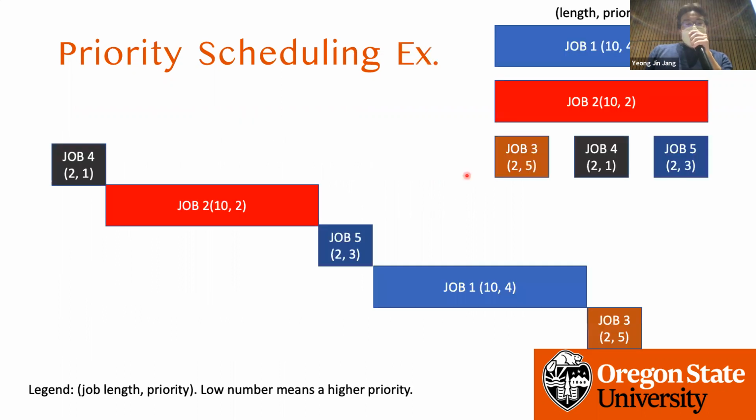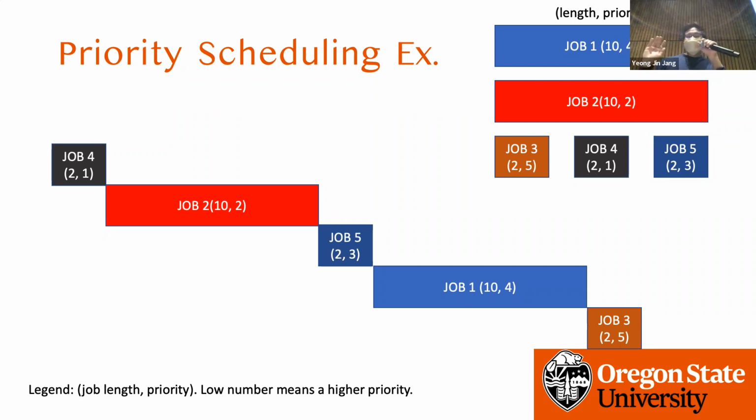Now you can see two numbers in each job. The first number is the job length, and the second number is the priority. In the case of SJF, we use the job length as a priority, but right now we can have a separate priority on the process, defined by the user, the operating system, or a system setup.